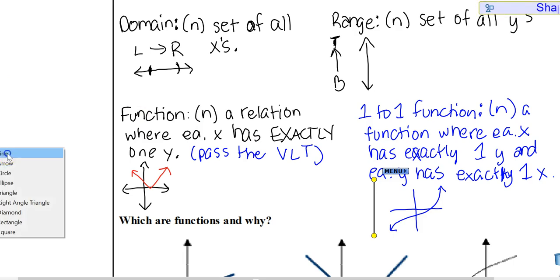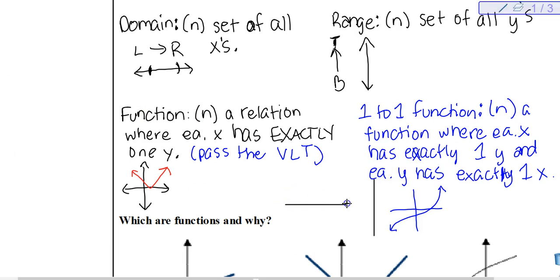The horizontal line test. So if I grab a horizontal line and I cruise across this graph from top to bottom, notice I never touch that graph in more than one spot at a time. So a one-to-one function passes the vertical line test and the horizontal line test. Okay, so that's important to note.